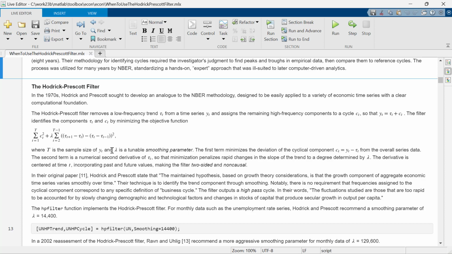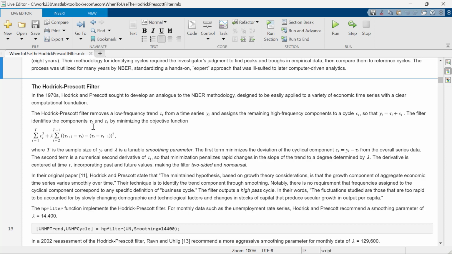comparing it to. But the main point is that the Hodrick-Prescott filter tries to minimize a numerical second derivative, which is represented here, so that the trend component does not vary too quickly.